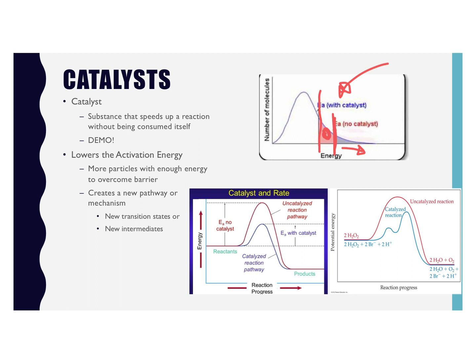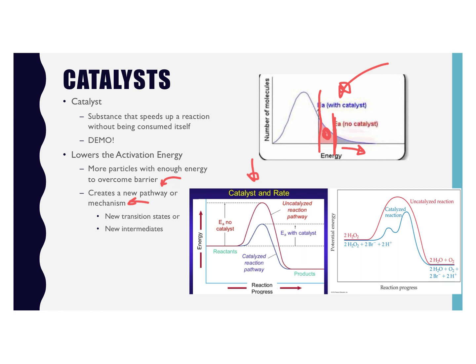All right. The way that it does this, how it lowers that activation energy, is one of two ways. One, it creates either a new pathway to the product or a new mechanism for the product. So that results in either new transition states or new intermediates. Okay, so this first diagram here is an example of a new transition state being created.